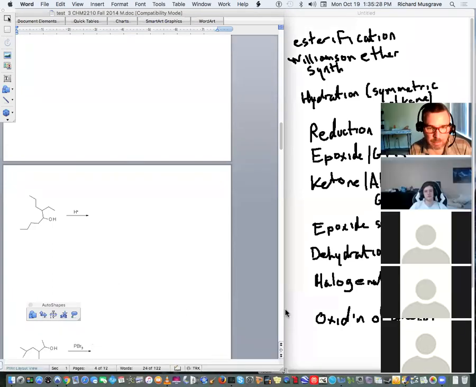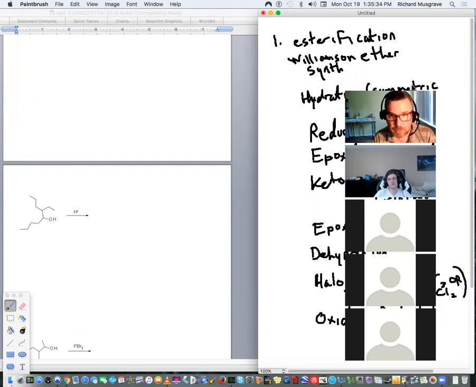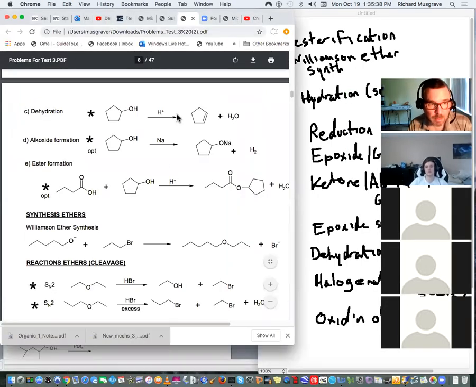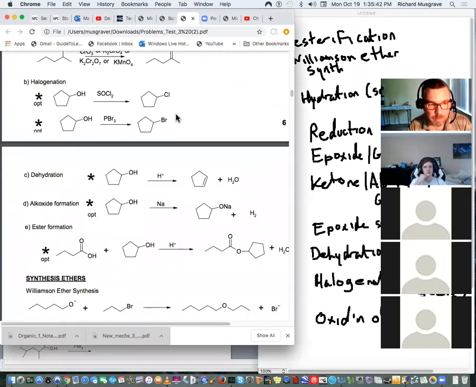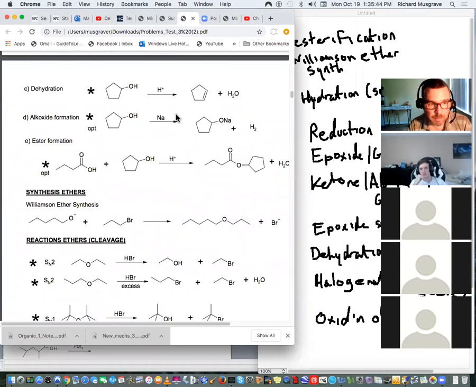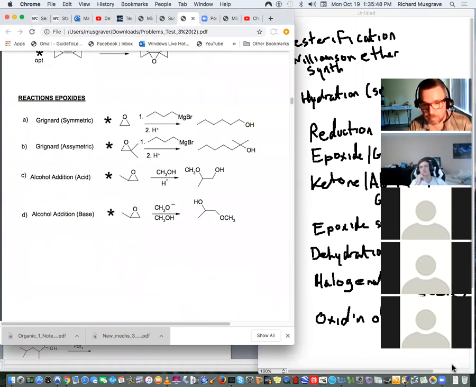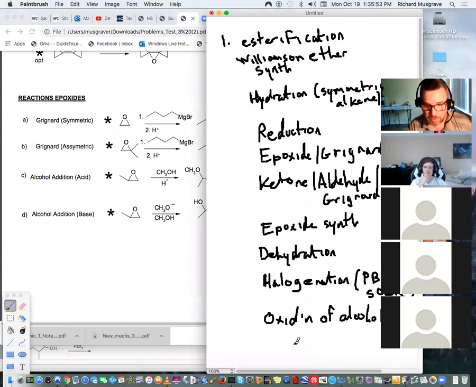There's one other it could be, but I'll show you in a sec. Let's have a look. Just making sure I've got it all covered. Alkoxide, could be alkoxide formation. Yeah. So it could be oxidation of alcohol or alkoxide formation.